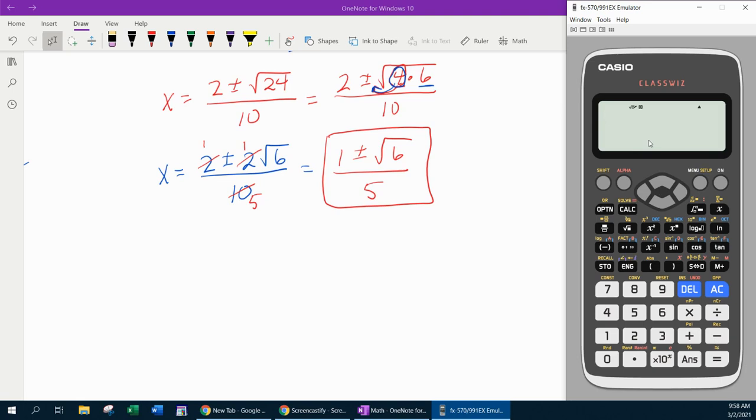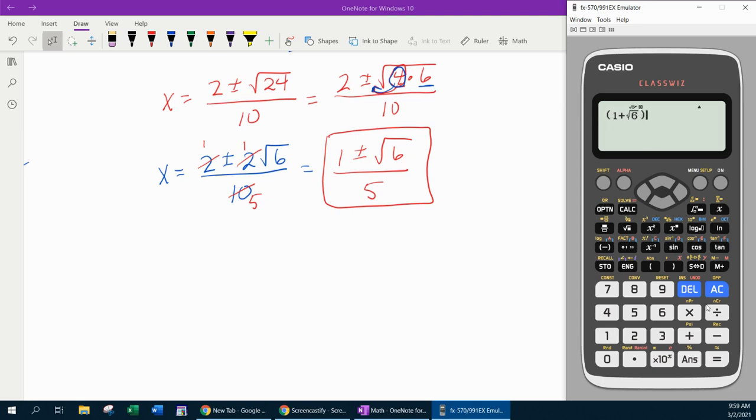If you have a TI 83, 84, or another calculator that doesn't have a nice fraction button, what you can do is parentheses 1 plus square root of 6. I'm going to have to move out from under the square root. And what this does is this groups the numerator together.